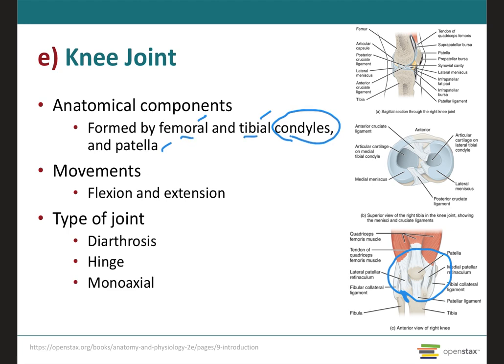So the lateral condyle of the femur will articulate with the lateral condyle of the tibia. The medial condyle of the femur will articulate with the medial condyle of the tibia. That makes sense, right? So this would be your medial side over here, and this is the tibia.